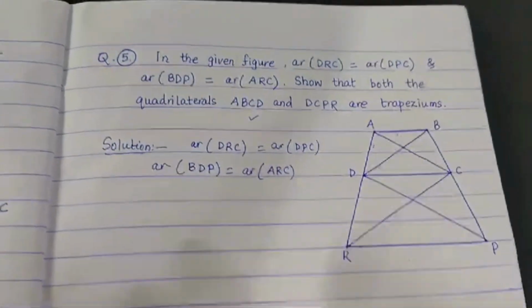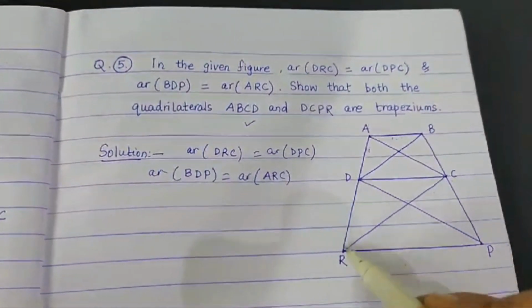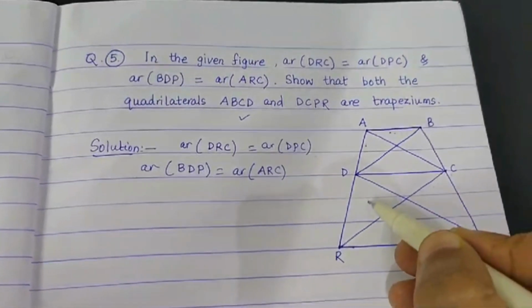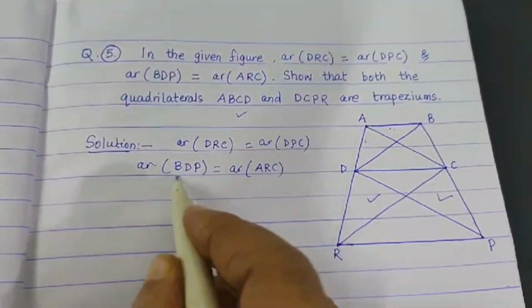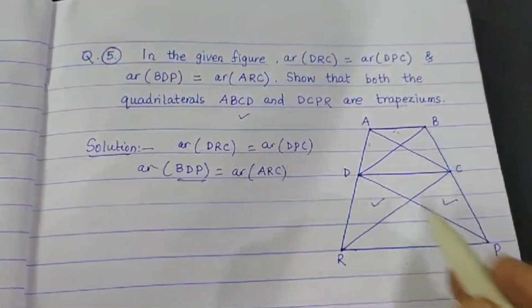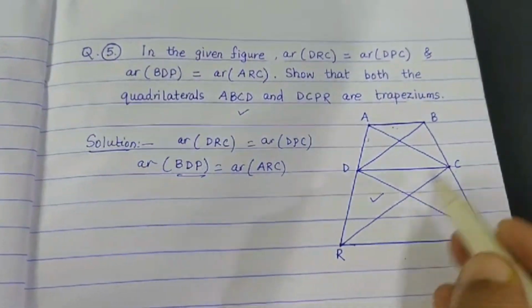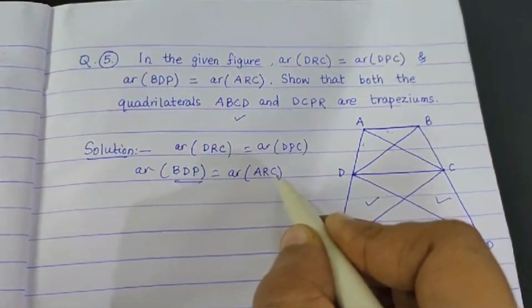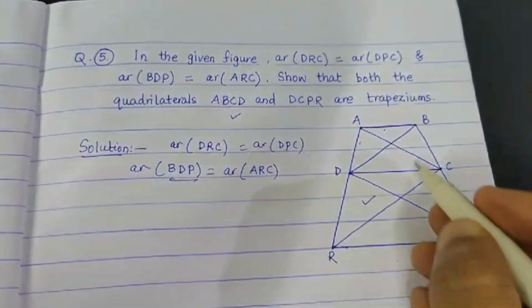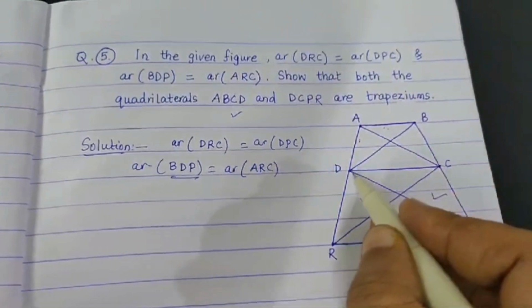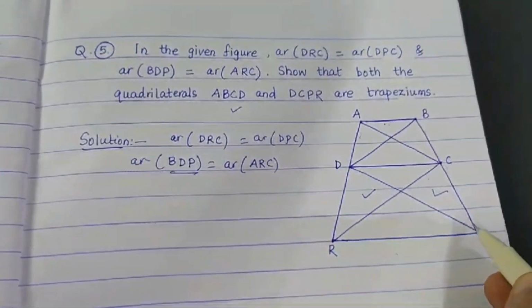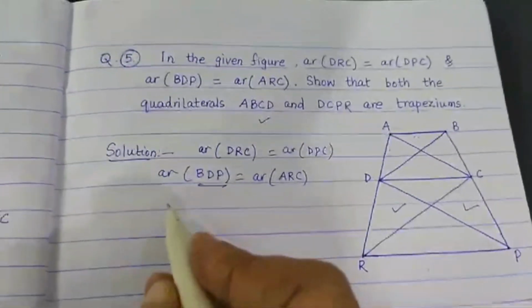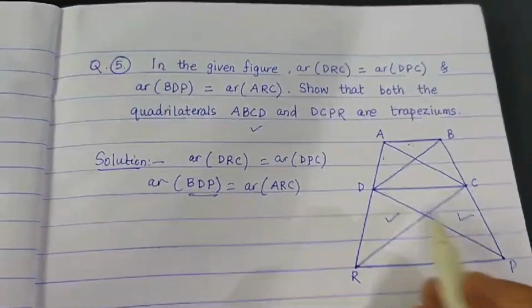So from the second one, we subtract from this triangle BDP this DPC. So BDP minus DPC, let us see what happens.